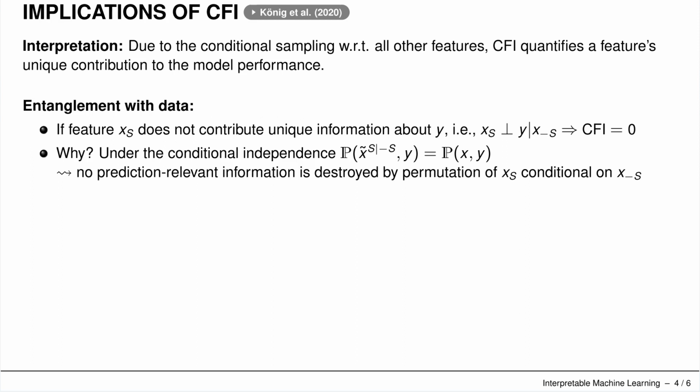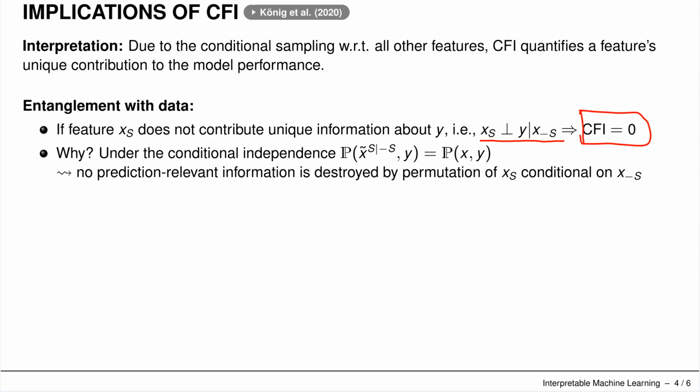So if the feature XS does not contribute unique information about the target, so X_S and Y are conditionally independent given X minus S, then the CFI is 0.